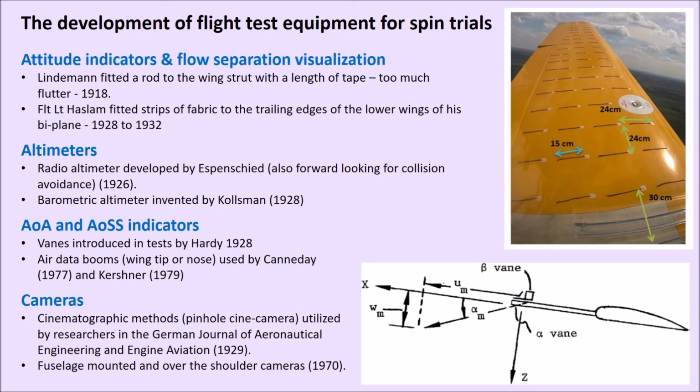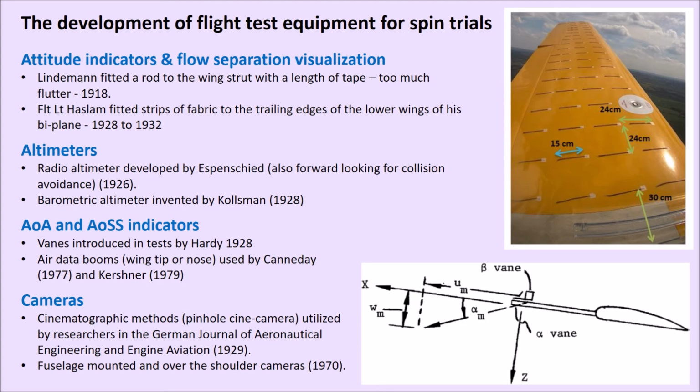So now moving on to discuss a little bit about the development of altimeters. Well, the radio altimeter was developed in 1926 and basically worked by transmitting a beam of radio waves to the ground and then analysing the time it takes for the aircraft to receive that reflection back.